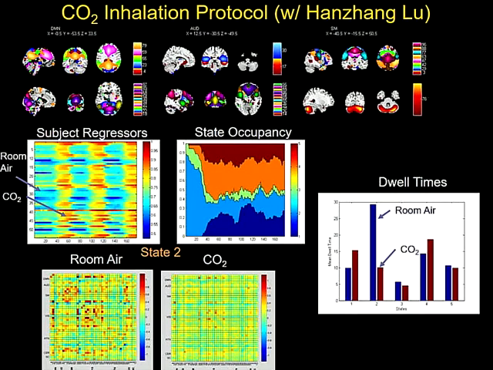Just another example of where these dynamic measures can be useful is just to see what's going on in your data. This is a measure of vascular reactivity, basically a block design where you're getting CO2 inhalation.